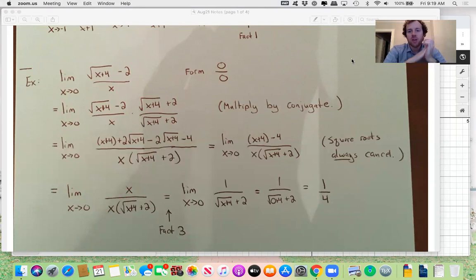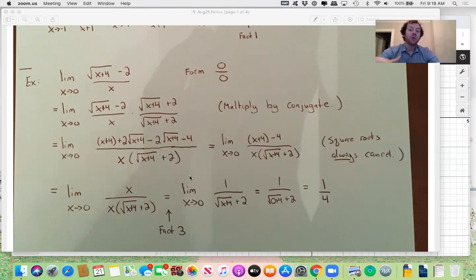So a kind of broad takeaway is, if you encounter these indeterminate forms, what you know needs to happen is you need to do some algebra, which eventually leads to some cancellation, and you can find the limit of the canceled version, what's left after the cancellation.